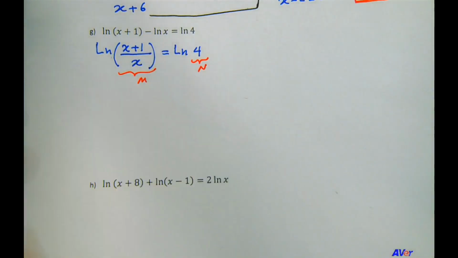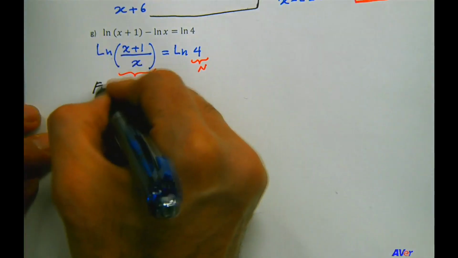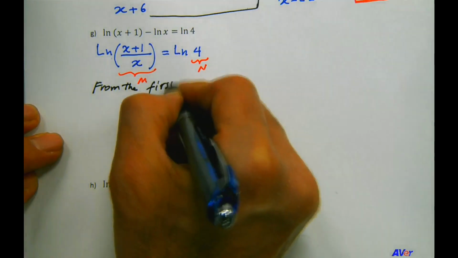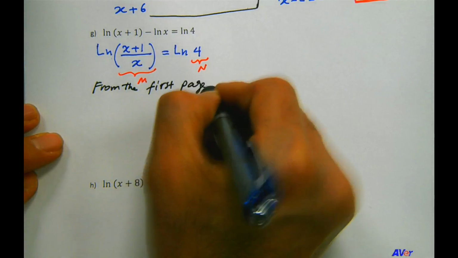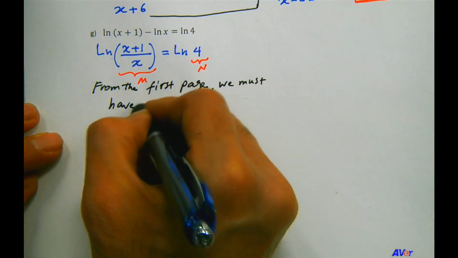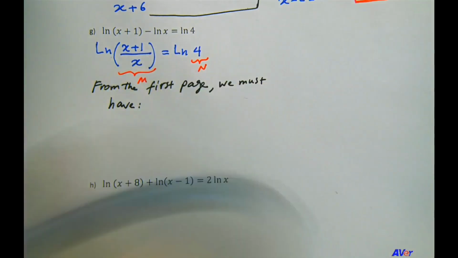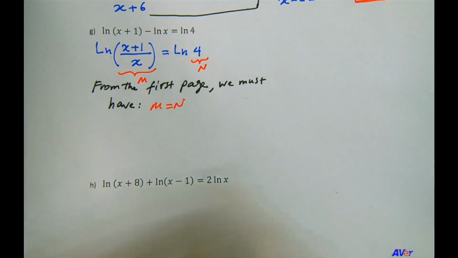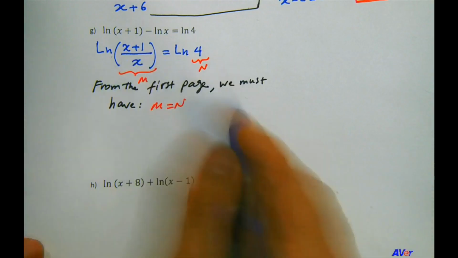So once again, from the first page, we must have m equal n. Okay? All right, so let's set these two equal to each other.